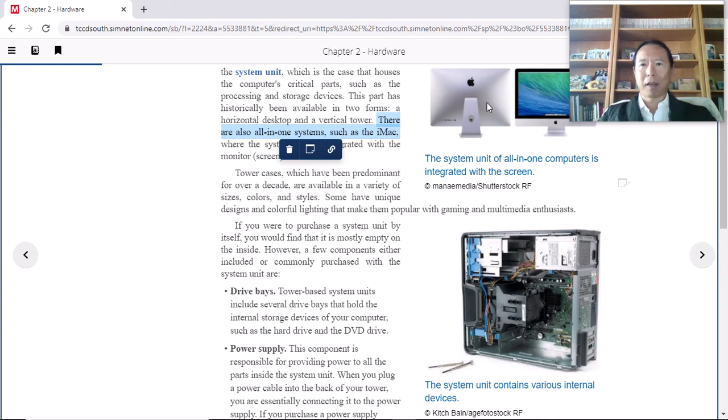So you may have a thick, big, heavy monitor with your system unit inside. In this case, you don't have a separate system unit. But that guy, see the stand here, is still a desktop. It's not a notebook. It's not portable. So that's a different system.